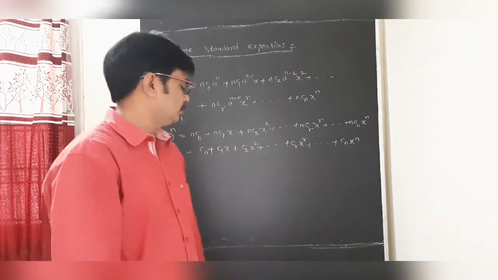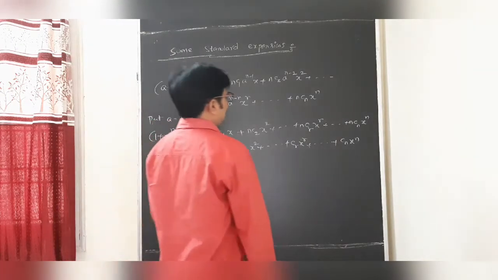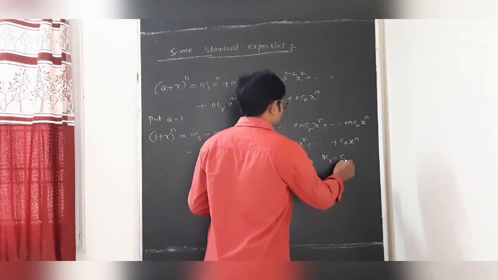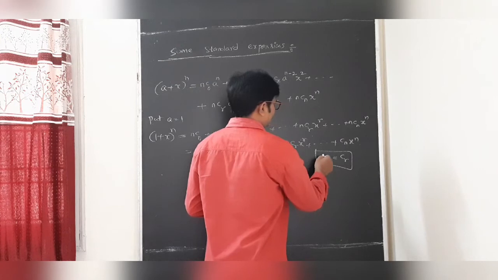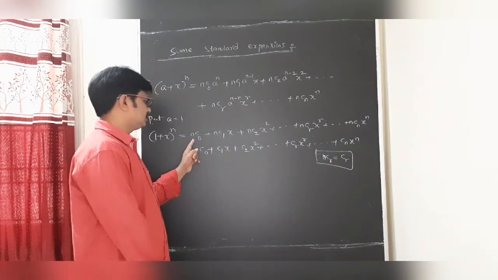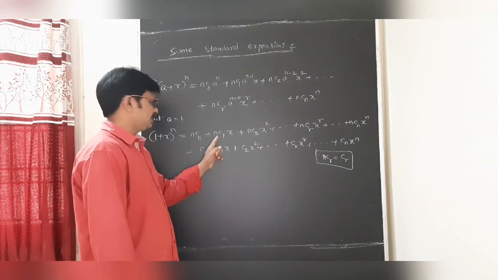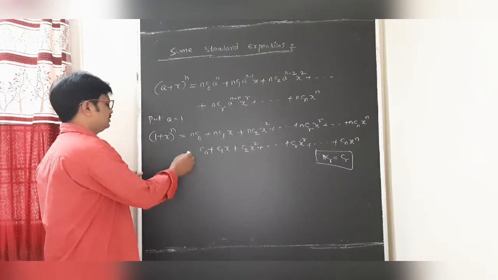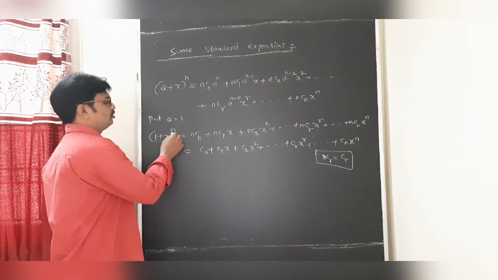Okay. So here, students, we observe NCR is nothing but CR. So NCR we can also write as CR. Here C0 means NC0, C1 means NC1, C2 means NC2. So dear students, this is called (1 plus x) whole power n.